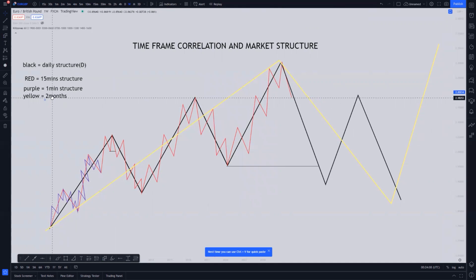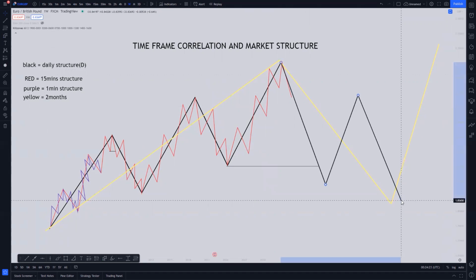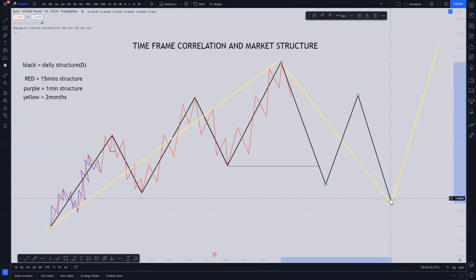So the question is, what time frame are you using to look at the market? How well have you checked the macro structure of the market, then streamlined it down to the microstructure? This move of the daily, you might think it wants to go very far, whereas it's just a retracement of a much higher time frame and it wants to continue higher.